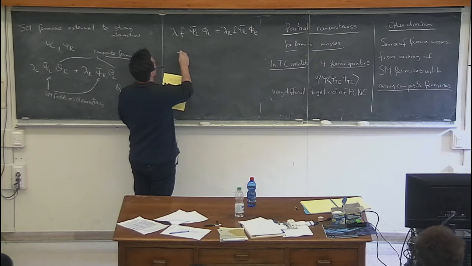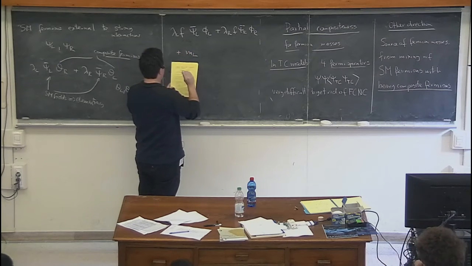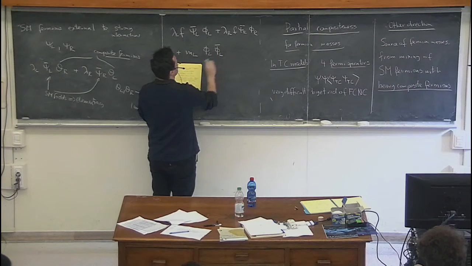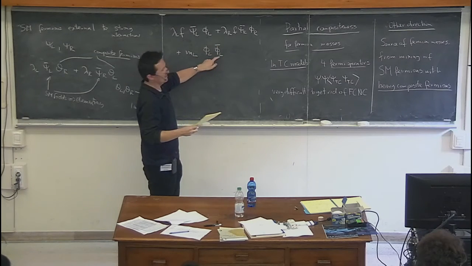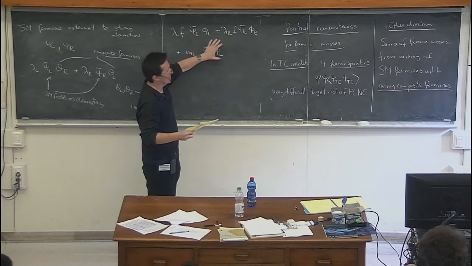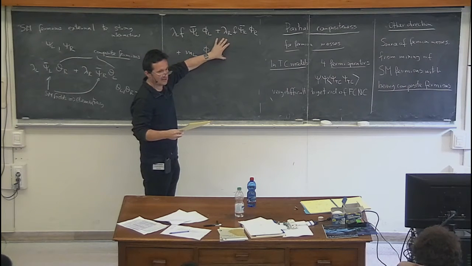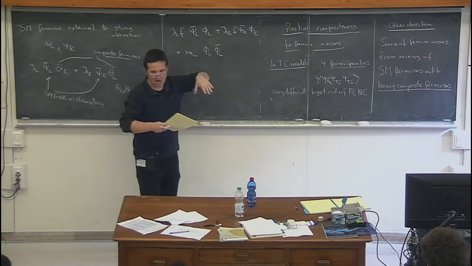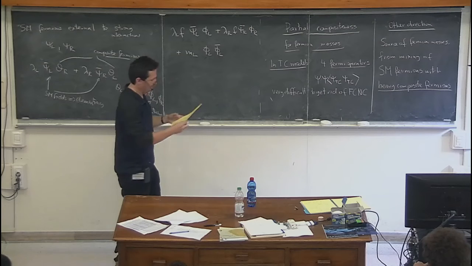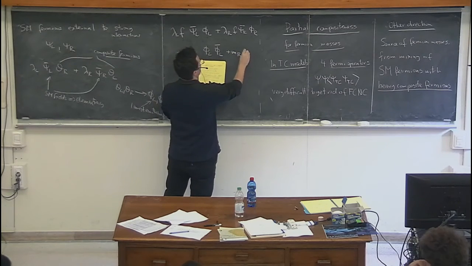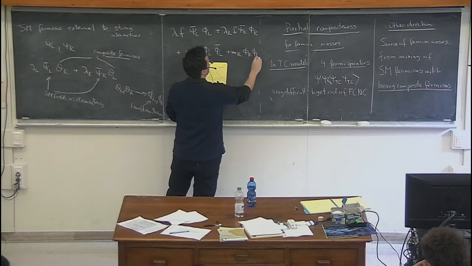So then there will be a plus m left times phi left, and then I call this other guy phi left bar. This is another composite fermion. So this is a two-component fermion, and this is the corresponding composite two-component fermion with which these fields are going to get their heavy mass. And then plus m right times phi right bar.